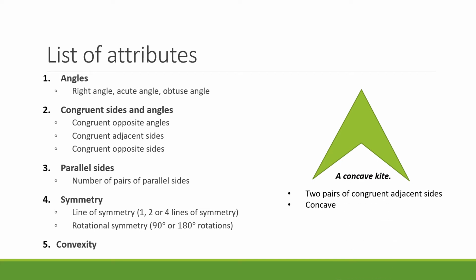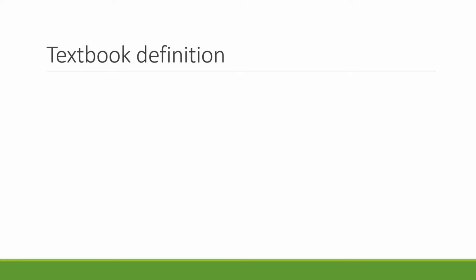And this is called a concave kite. So before doing some of the problems, I'm going to give you some textbook definitions of the figures that we'll be seeing. Now, this is a mere suggestion, and there are multiple ways to define shapes. Just use these as a reference.